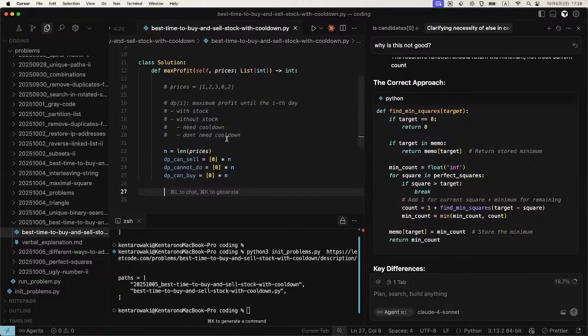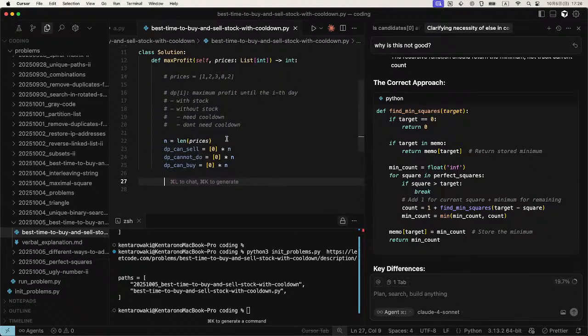Okay, and let's initialize a base case, because this is like a bottom-up solution, so we need a base case.